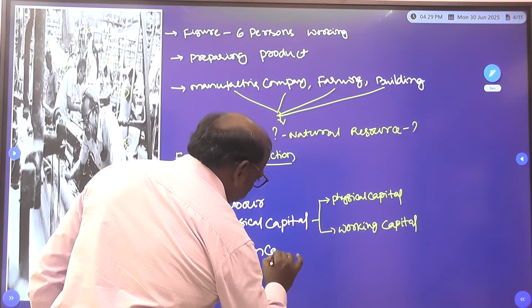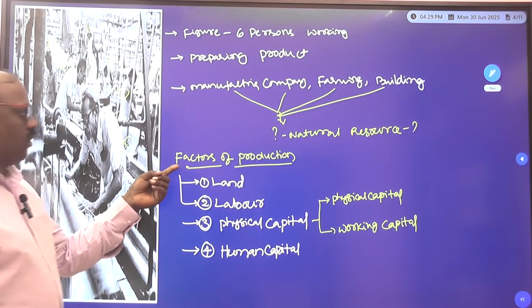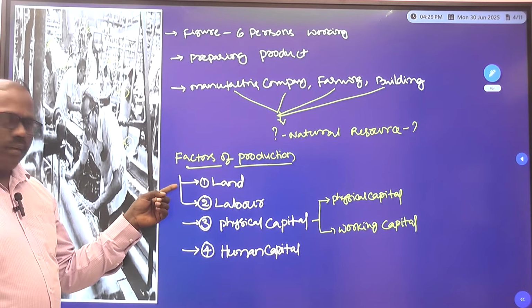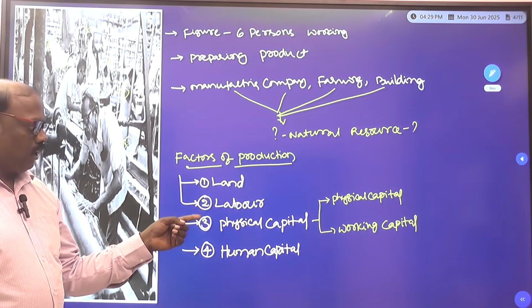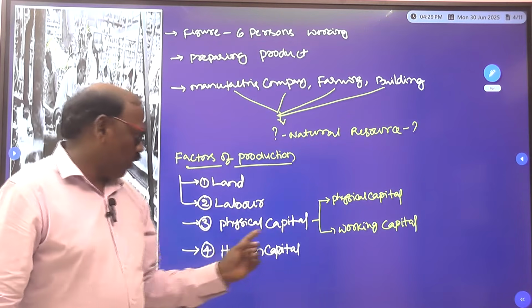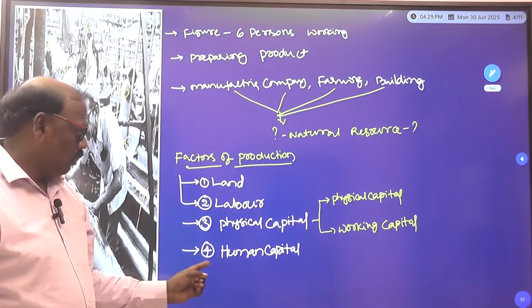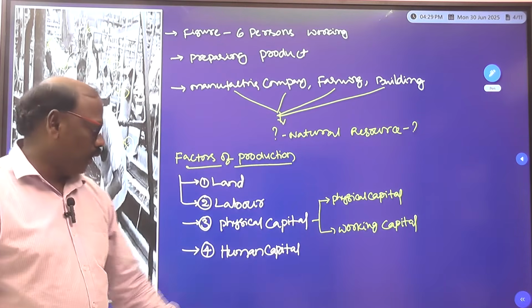You understand, right? This is human capital. So factors of production: first one is land, second is labor, third is physical capital, which is split into physical capital and working capital. Next, this is human capital.